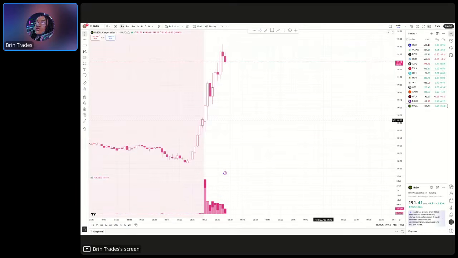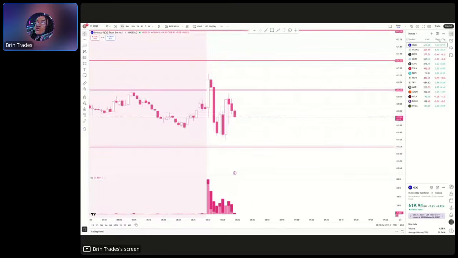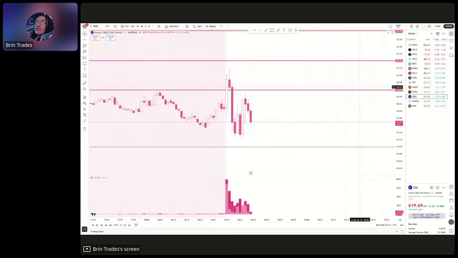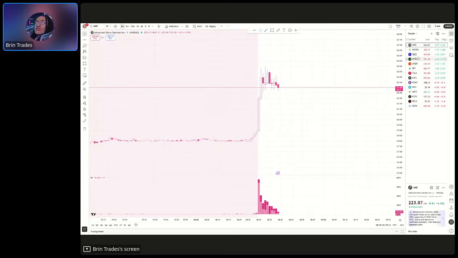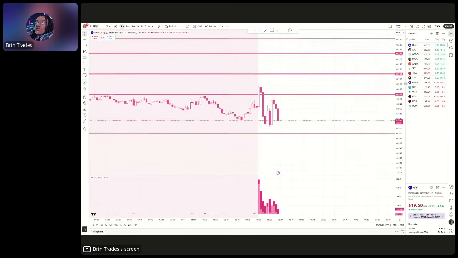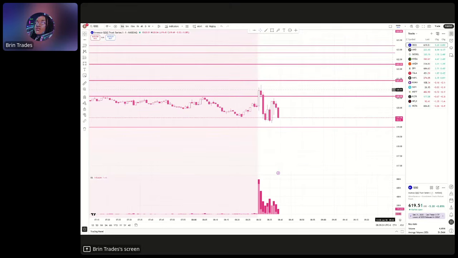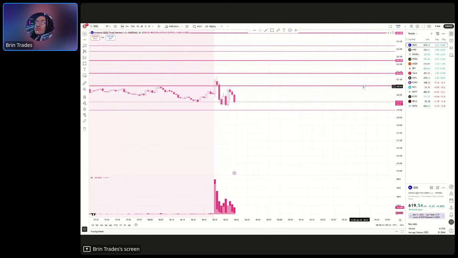Nvidia's going up, Nvidia's going up, but the candles do not look trending at all. How about AMD? AMD had a nice push in the beginning, but now it's consolidating with those wicks. It's approaching the gap zone.